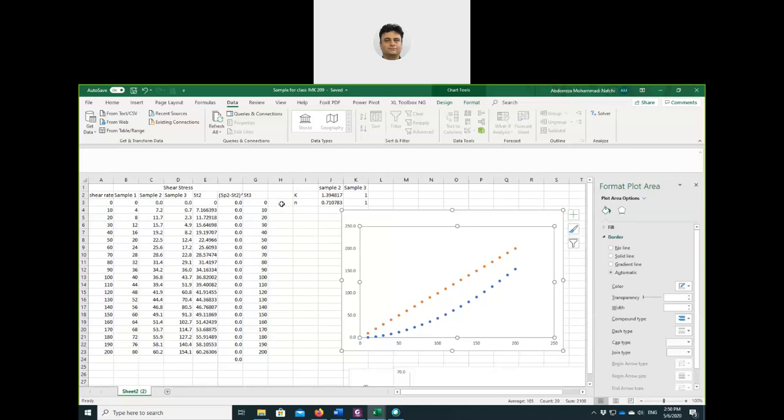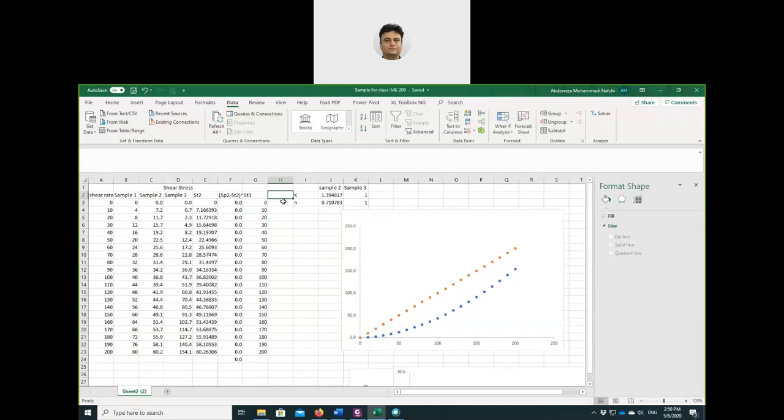So for this reason, I need to calculate SP3 minus ST3, power 2, is equal to SP3.